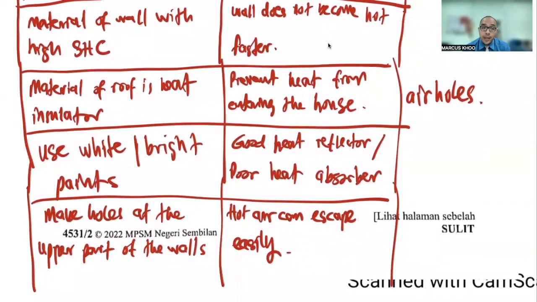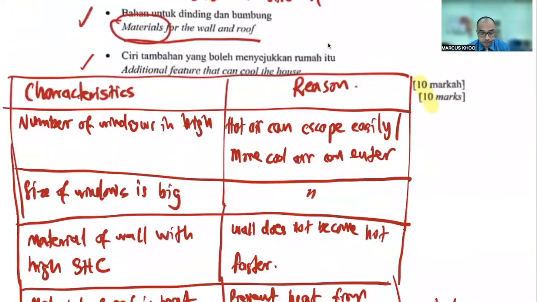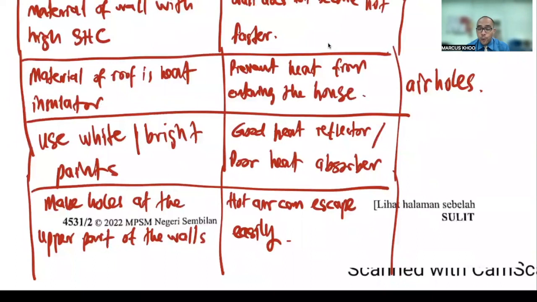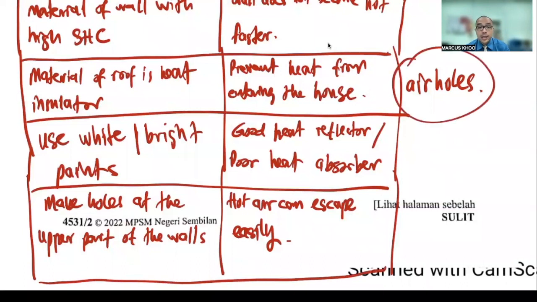Then we talk about paint, because these are now additional features. So you use white or bright paints for this because it's a good heat reflector or a poor heat absorber. And then, a more famous one, you make holes on the upper part of the walls, which we call air holes, and this enables the hot air to escape easily.